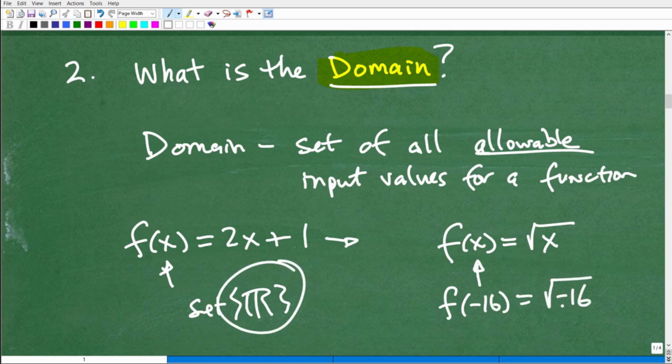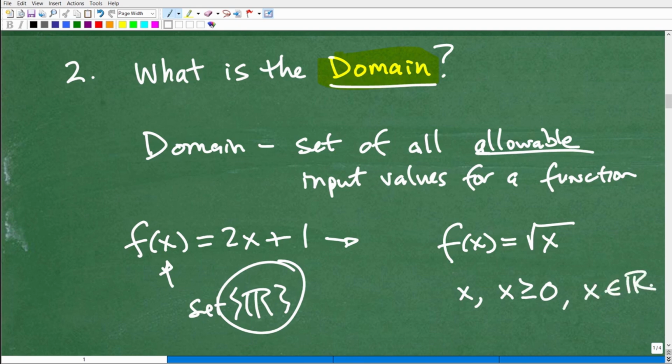That becomes imaginary or complex numbers. So the domain, or the set of all allowable numbers into this particular function, would be all numbers x such that x is greater than or equal to 0, and x would be an element of the real numbers.